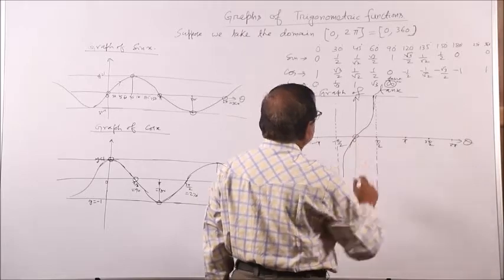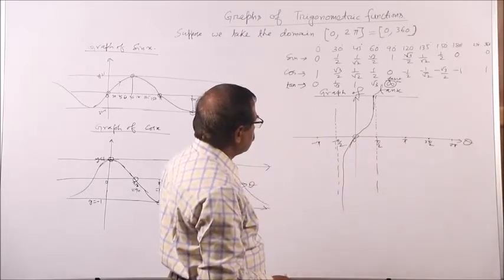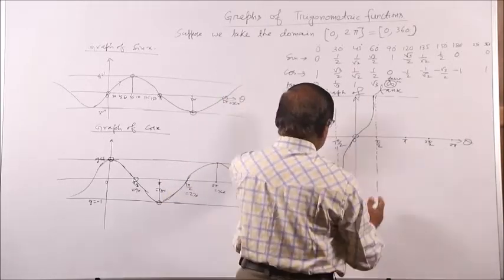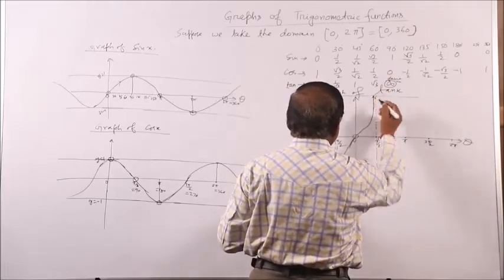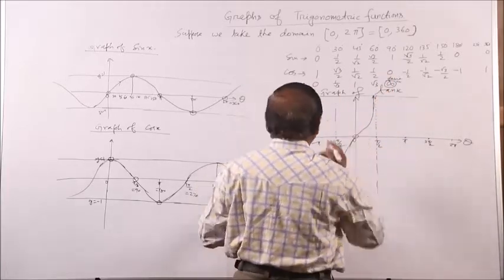Yes, this is the graph of tan x, because this is 0 and pi by 2, plus pi by 2, it is this direction, minus pi by 2, which does not exist.